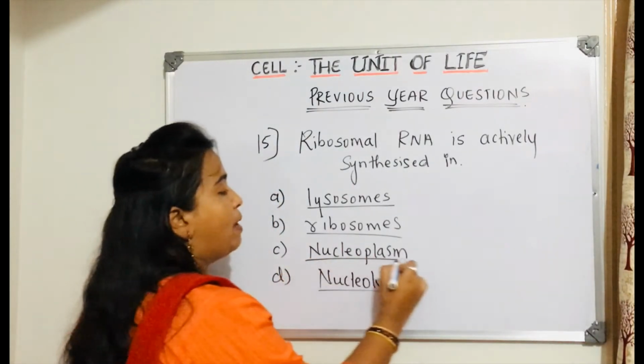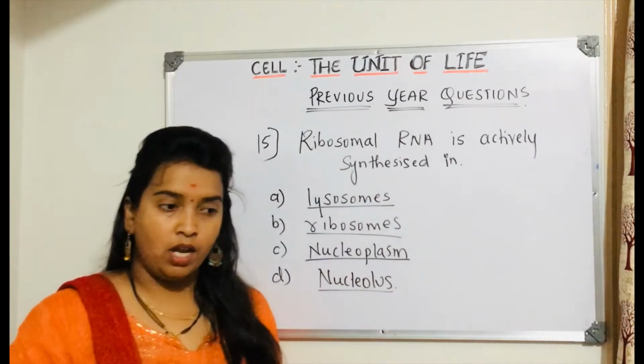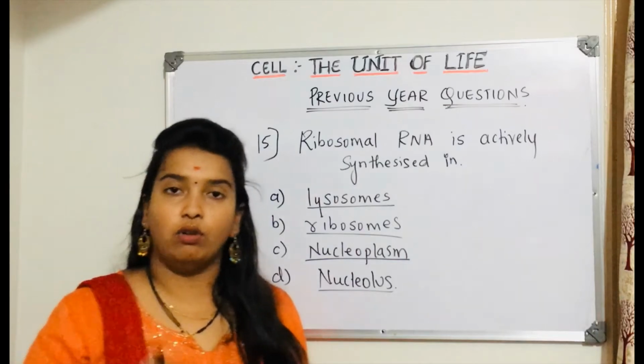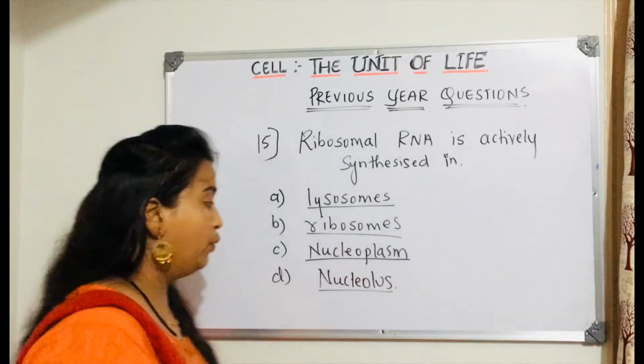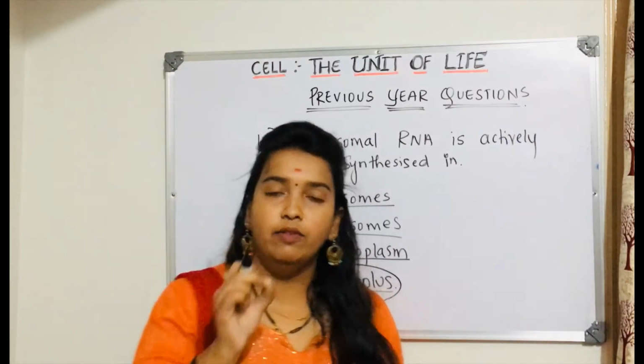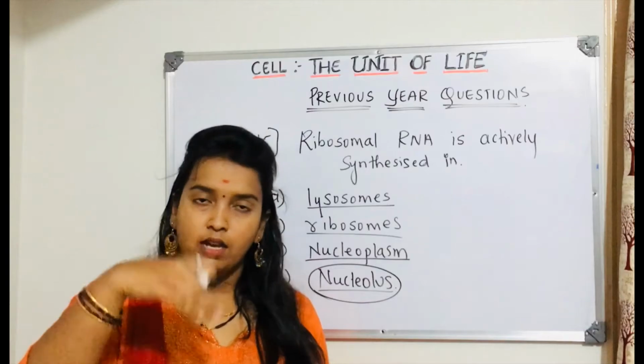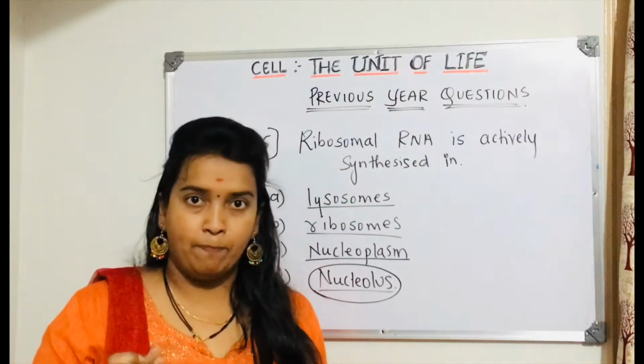Now coming to nucleoplasm, the liquid which is present in the nucleus. But within that, you also have one structure called the nucleolus. This is an organelle present within the nucleus, floating in the nucleoplasm along with chromosomes.